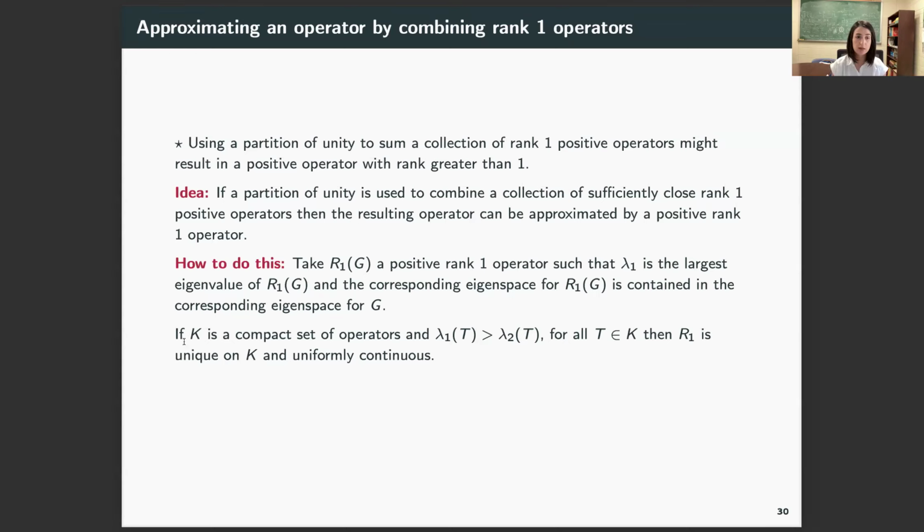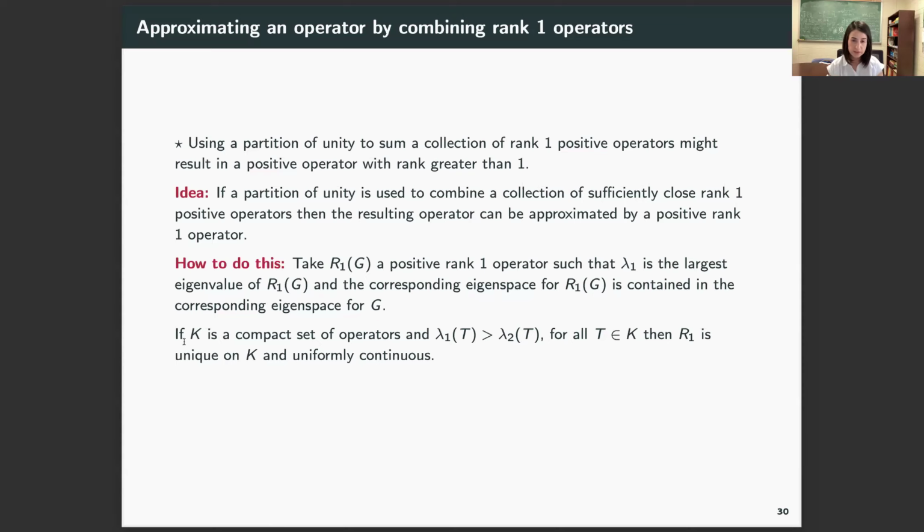In general, we can say if I have a K that's a compact set of operators, and I don't have repeated lambdas, like lambda 1 of T is bigger than lambda 2 of T, then R1 is going to be unique on this K, and it is uniformly continuous. So this will guarantee that it will work nicely.